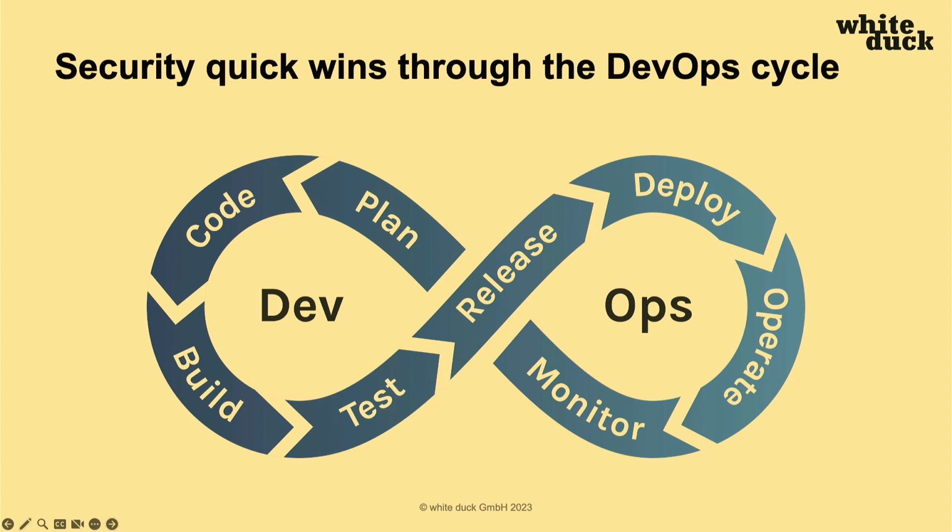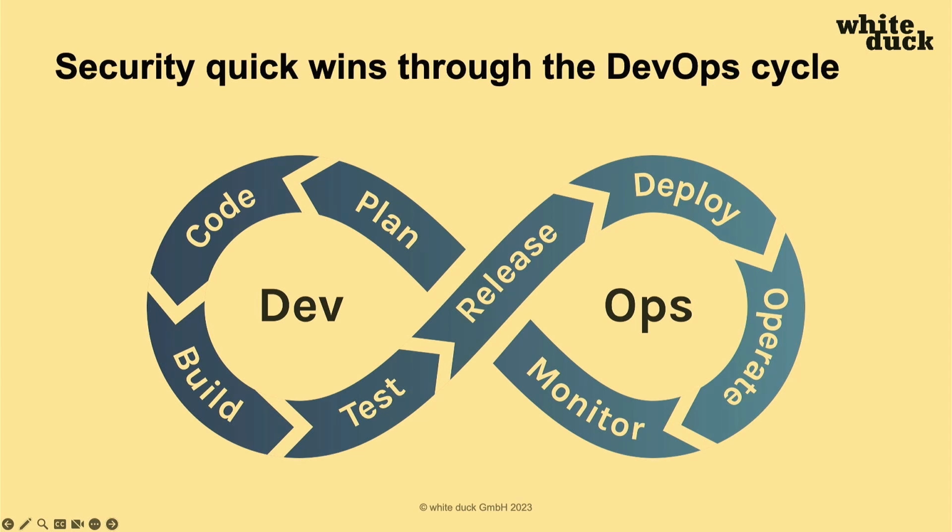You could use the 2 years to at least get the easy things in place directly. So I'm a big fan of really thinking about the DevOps lifecycle, iterating and implementing the easy stuff, and maybe in parallel think about a big security guideline, a big project, but yeah, start with the easy things.